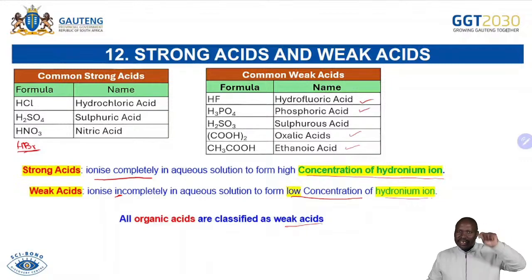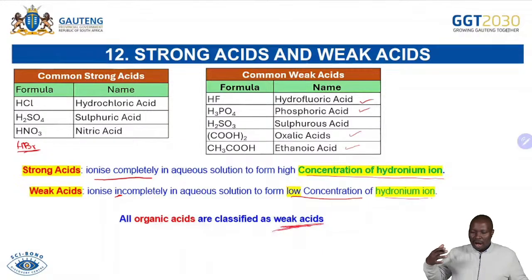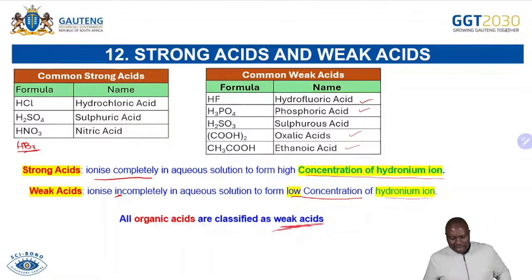Indeed, those strongest intermolecular forces in carboxylic acids make them weak acids in terms of how fast they can ionize, how fast they can produce the hydrogen ion. They only ionize incompletely. The bond is so strong that it's not easy for them to release the hydrogen ion. Hence, we refer to them as weak acids.